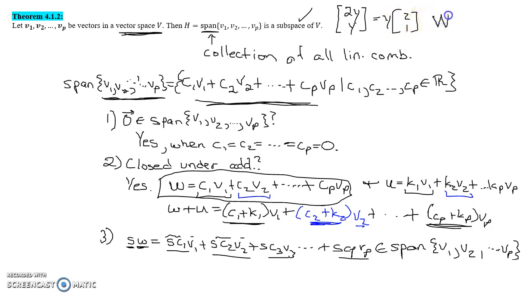And so that subset W can be expressed as the span of just the single vector (2, 1). From now on, thanks to this theorem, if you can express a subset as a span of vectors within a vector space, even if it's just a single vector, then by theorem 4.1.2, W is a subspace. This would be a subspace of R2, because it's a span of just a single vector in R2.